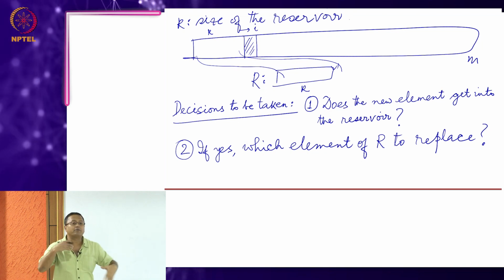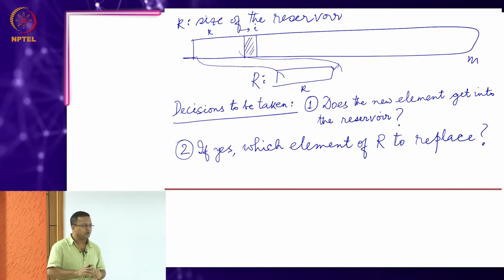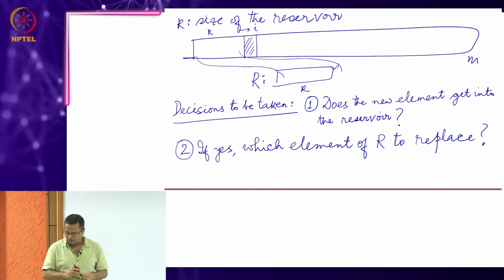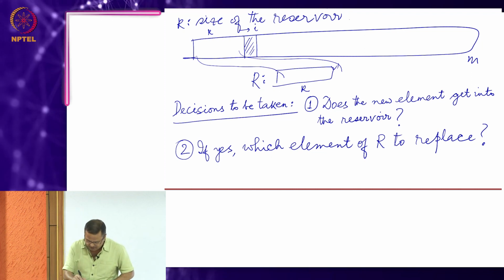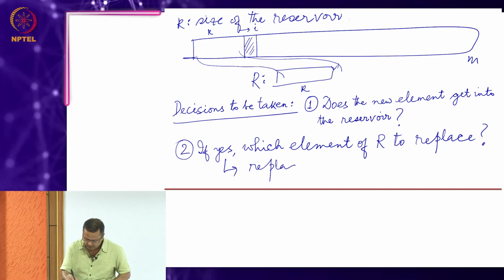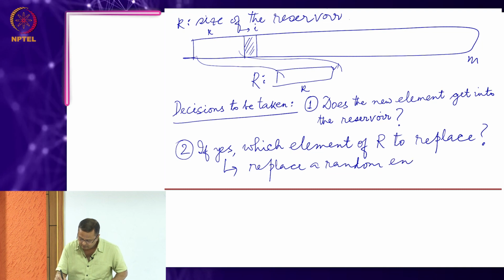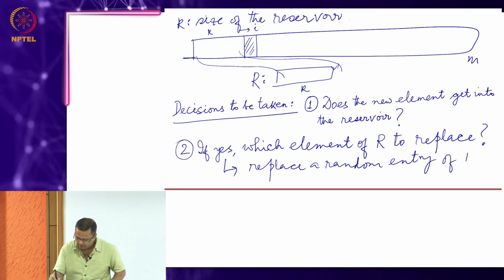So that will allow me some randomness, so that I can use probability and do some calculations over it. Right, this is okay. Replace a random entry of R.